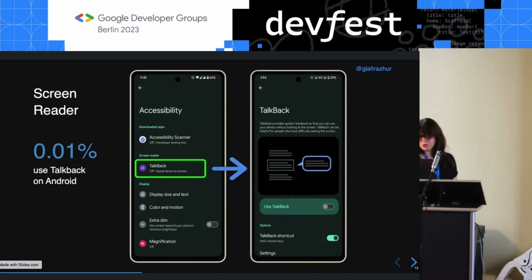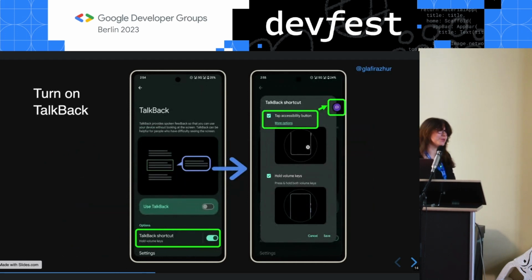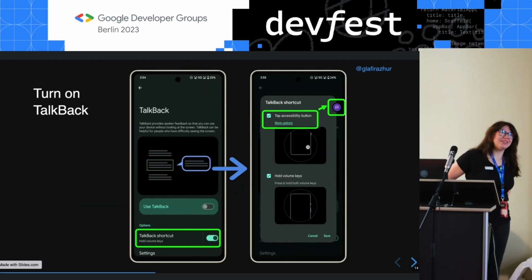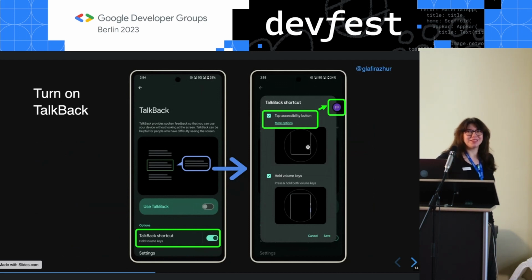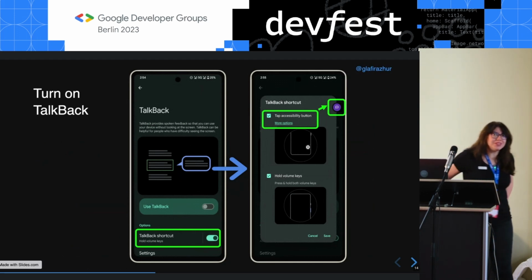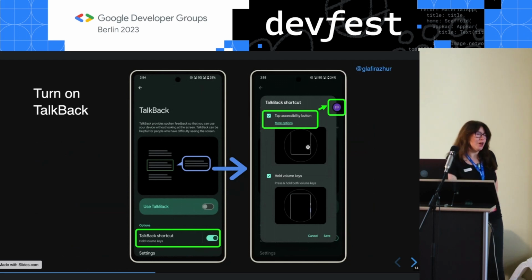If you want to turn it on, of course, one day you turn it on, and the same day you want to turn it off. Sometimes it's a bit difficult to turn it off. Maybe somebody here has had the same issue: your mother or grandmother calls you and says, "Oh my God, my phone started talking for some reason, it says everything, what should I do?"